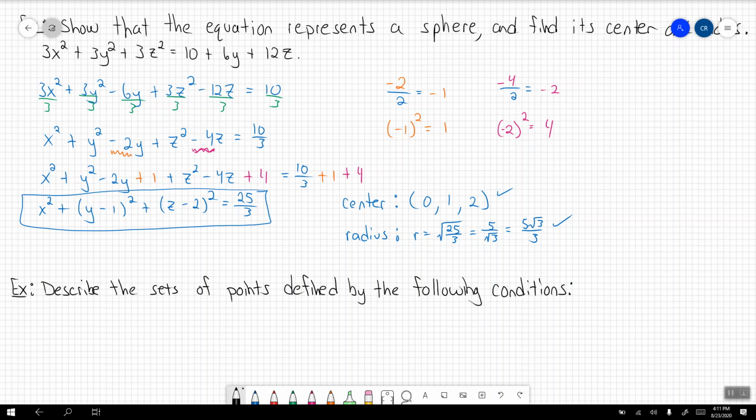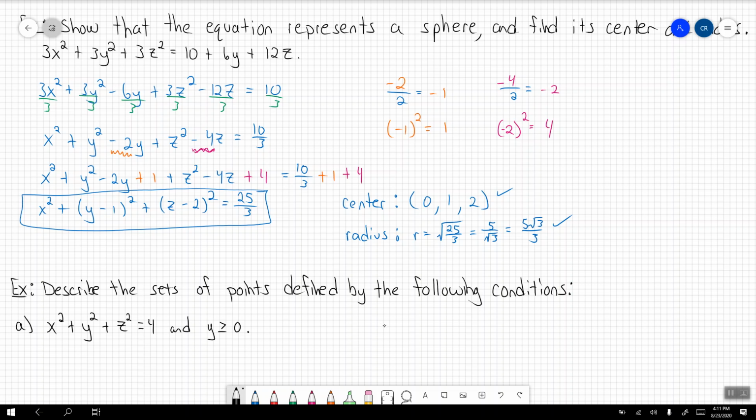And let's see what we have. Part A, we are going to have x squared plus y squared plus z squared is equal to 4. And we're going to apply a restriction here that y must be greater than or equal to 0. Okay, so kind of keep that in the back of your mind.